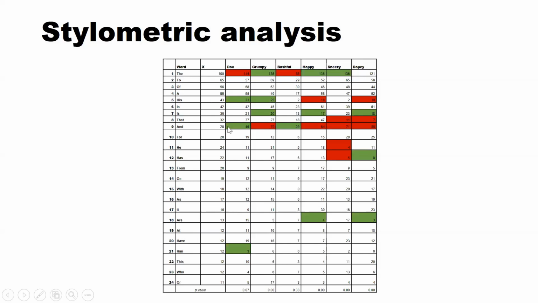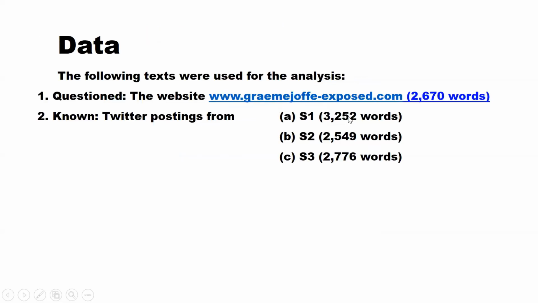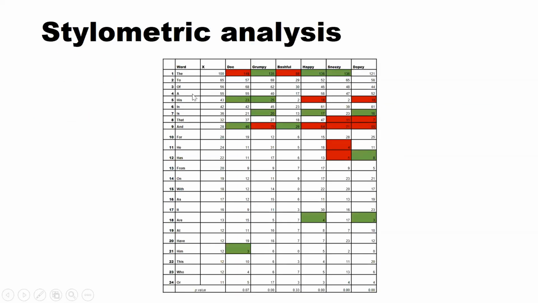Once I'd done that, I counted them for each corpus. So for example, suspect 1 had 3,252 words, and of that, I think he had 88 "the"s and 29 "to"s.